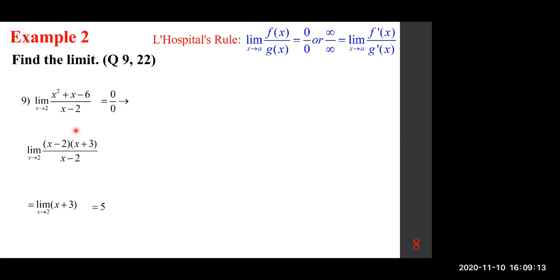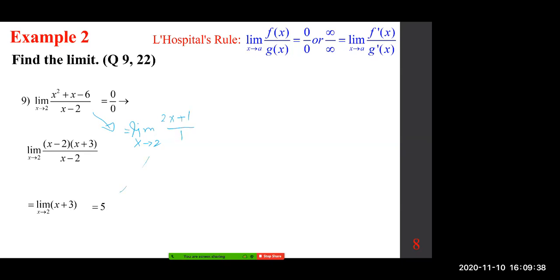Okay. If we did it by L'Hopital's rule, everybody, this would be the limit as x approaches 2, x squared, 2x, x, 1, the denominator is 1.